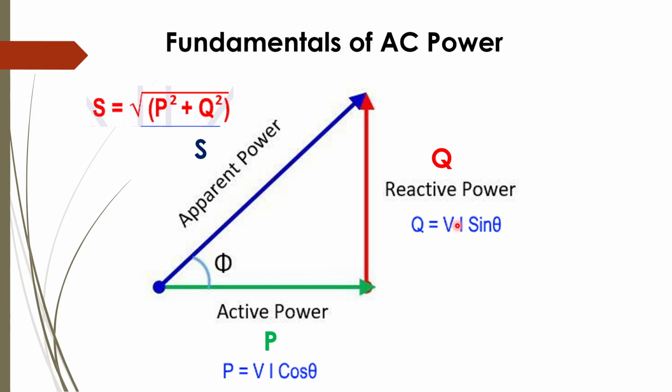Alright, so this is the sine component of the apparent power, and this is the cos component of the apparent power, right? So that's why you are observing a cosine part here and a sine part here.